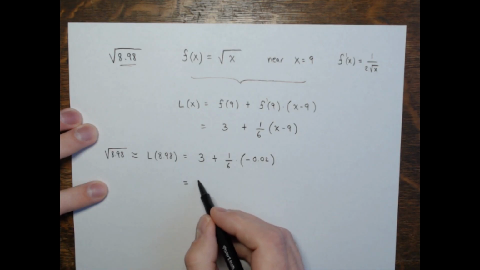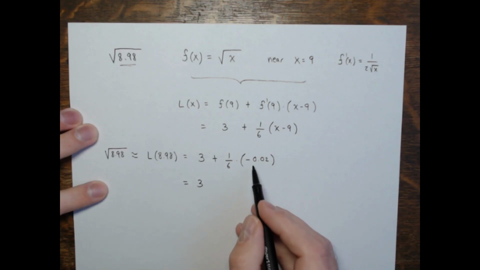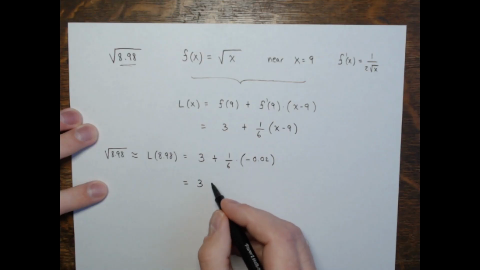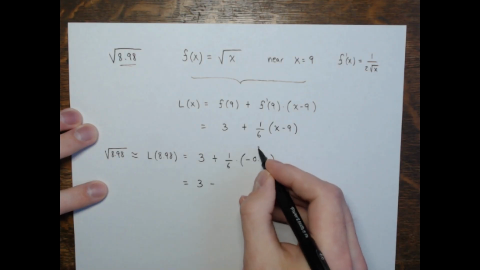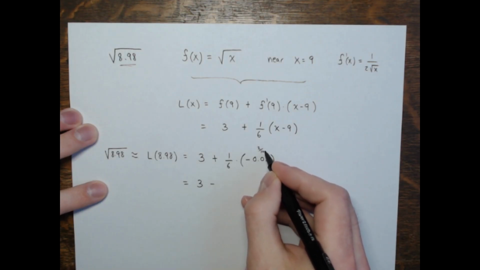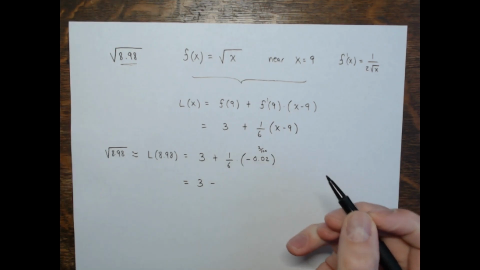Okay, so we get 3 and minus, now this is 2 over 100 here, 2/100ths, which is 1/50th.